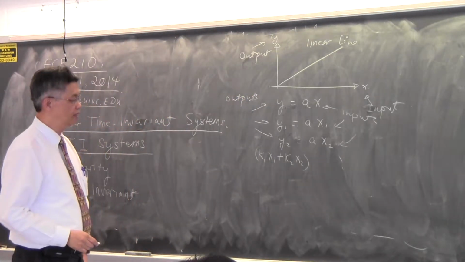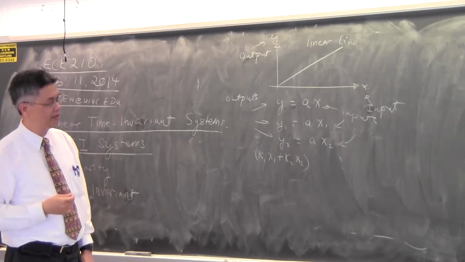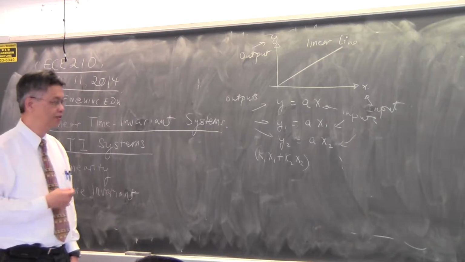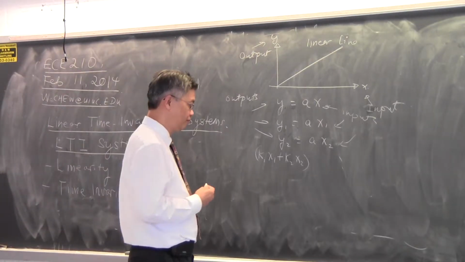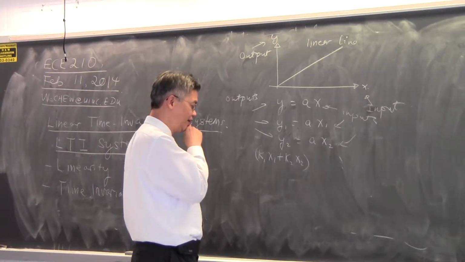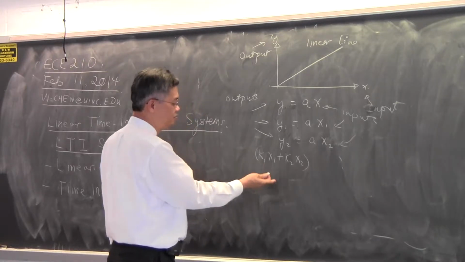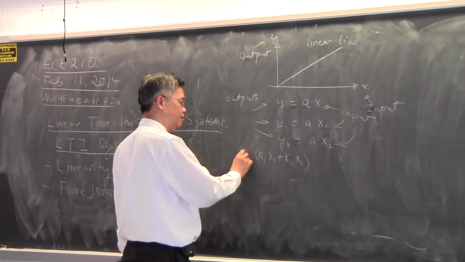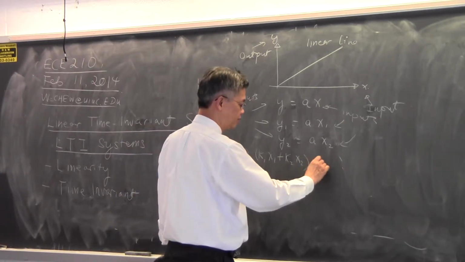If x1 is the input with output y1, and x2 is the input with output y2, then the linear system says that if we feed k1 x1 plus k2 x2 into the system, the output should be given by this.